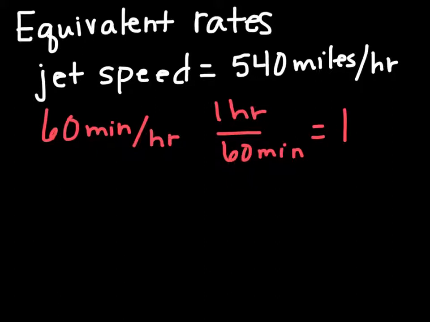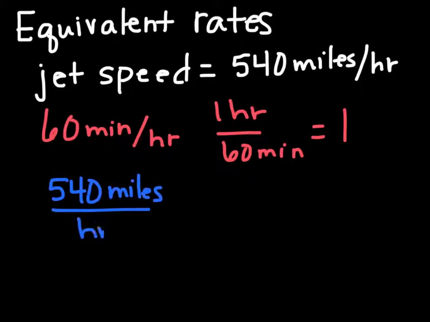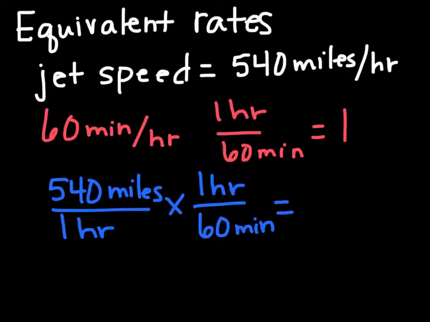So here's what we need to do. We're going to take our 540 miles per hour, okay? See how we set that up as a fraction? Per 1 hour. And we're going to multiply that by the conversion factor, which is 1 hour over 60 minutes. Okay? Now we can divide out common factors in units.